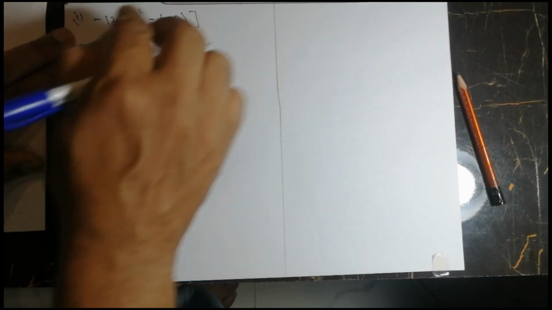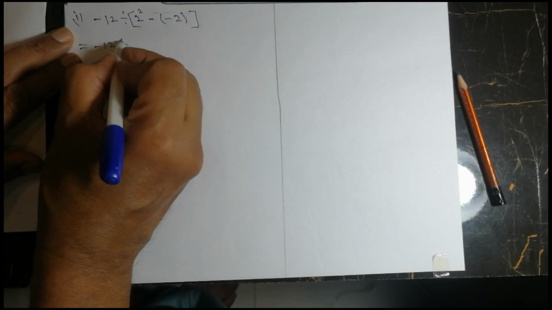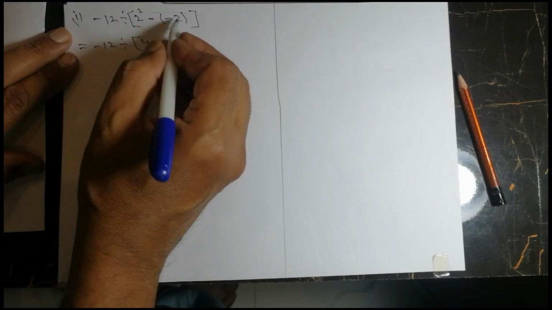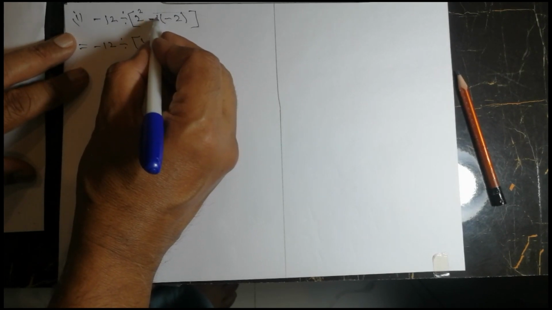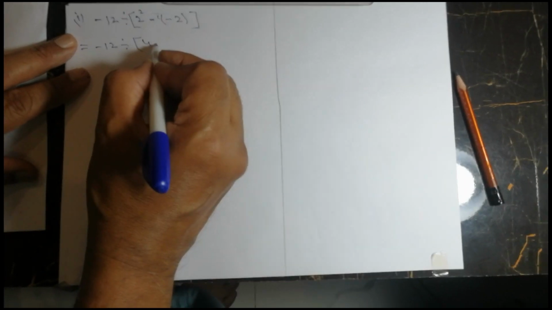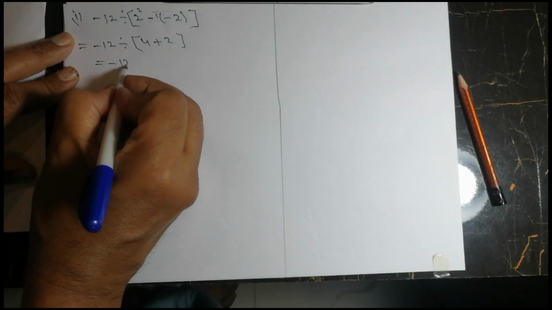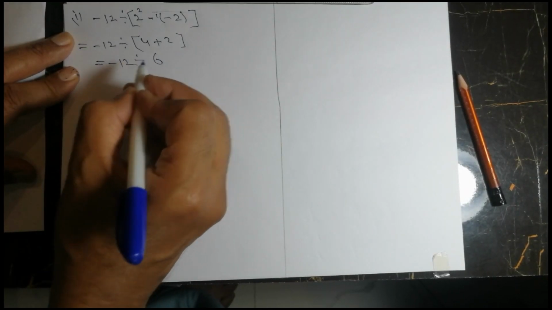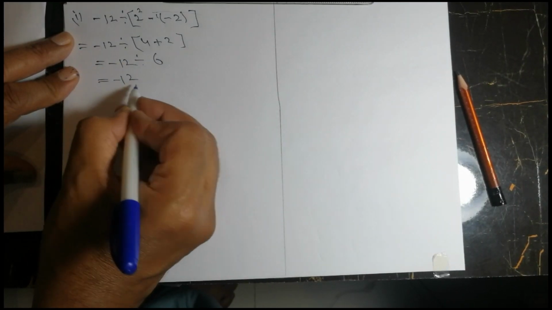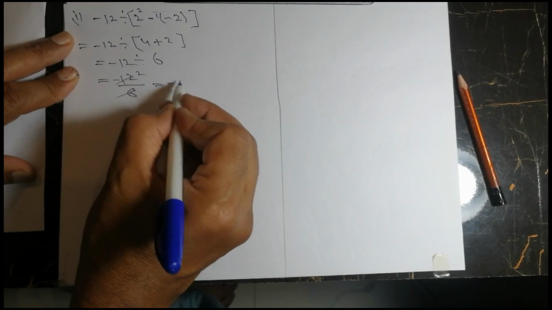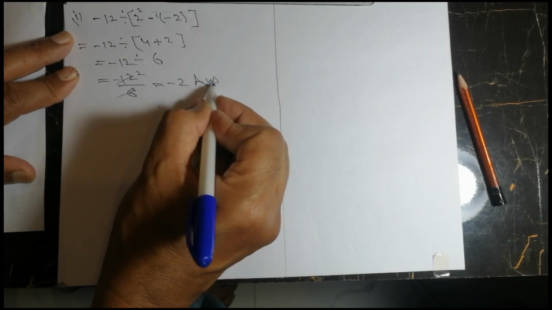First solve inside the square brackets, divided by, this is 4 and minus plus. It means 1 minus 1 multiplied by minus 2, this is a plus 2, and minus 12 divided by 6, 6 2s are 12, so this is a minus 2. This is the answer.